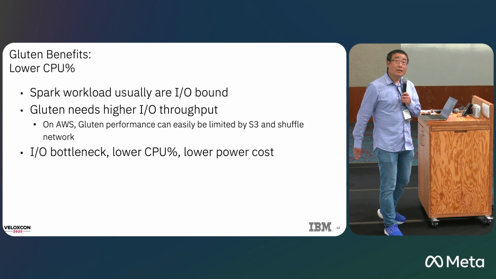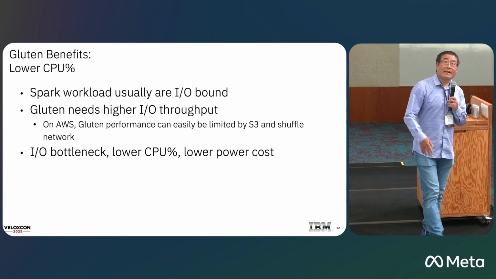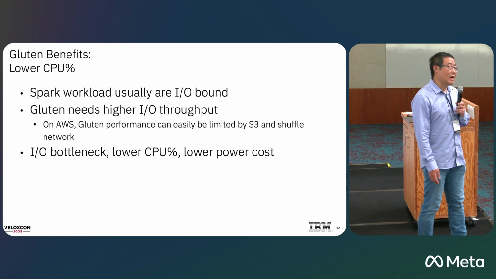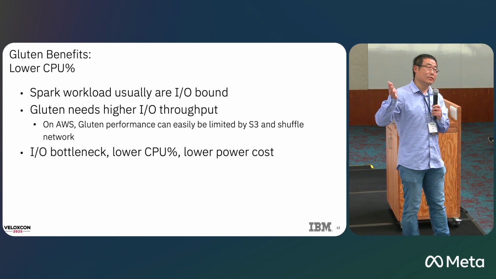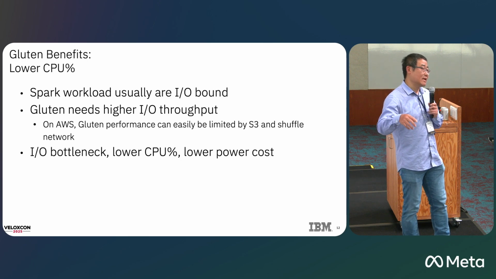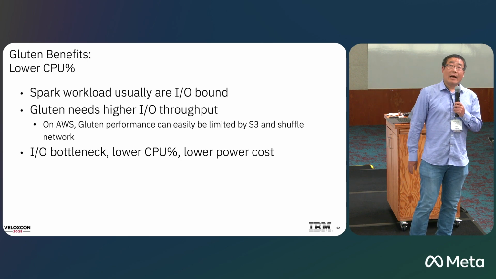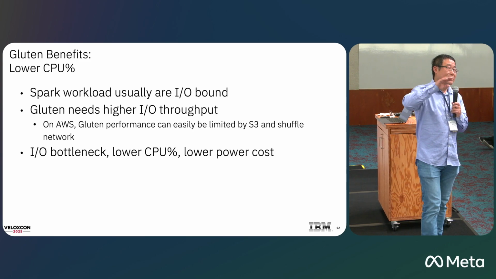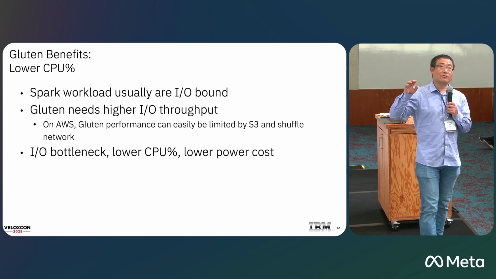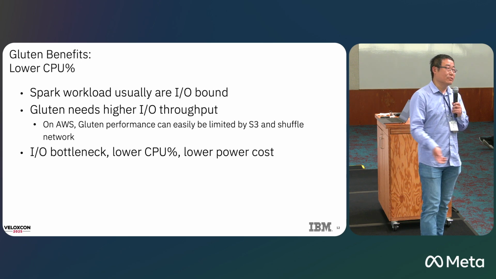We also noted that on the cloud, the S3 throughput and the network throughput are already fixed; we cannot change them. For Spark, we may say, okay, CPU utilization is very high, and that's good; the memory, network, and disk throughput are not a big issue.